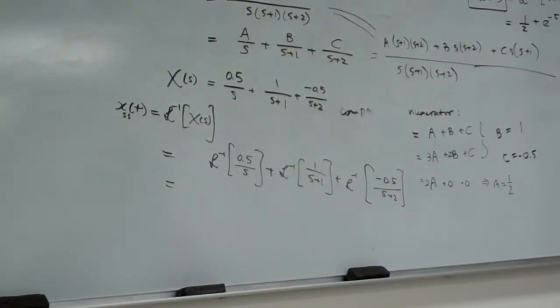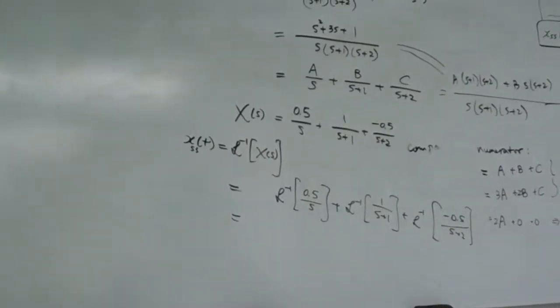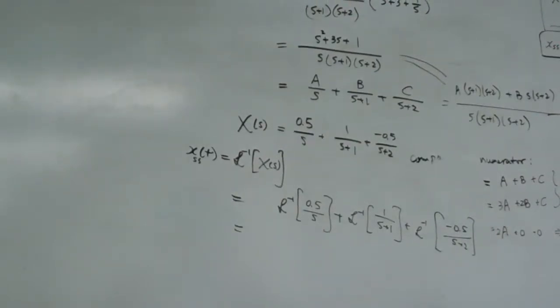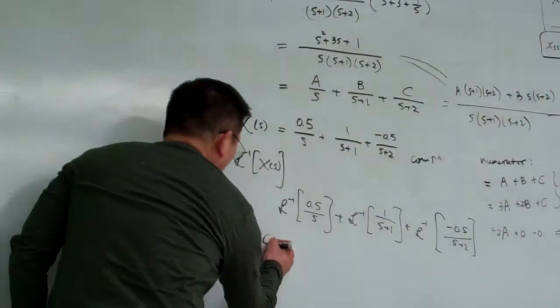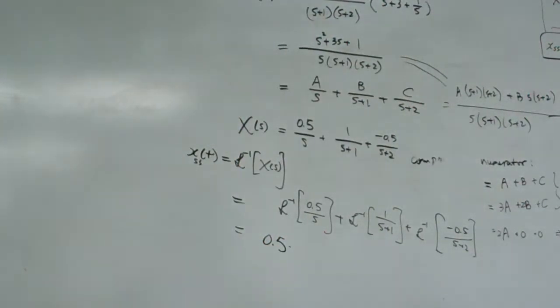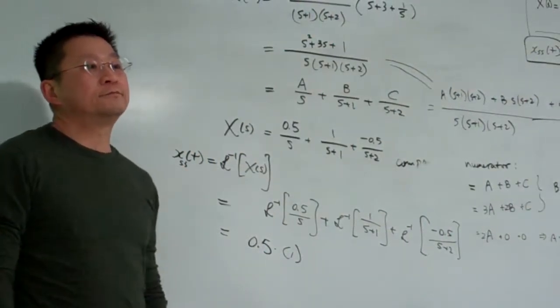So we take this pattern. For the first term, it is 0.5 multiplied with this one. So basically it is 0.5 with constant. 0.5 multiplied with the Laplace inverse of 1 over S, which is constant 1. So basically that is constant 1. Be good?